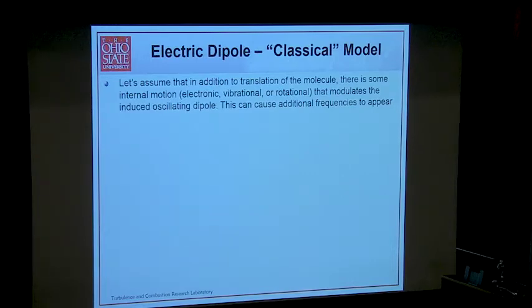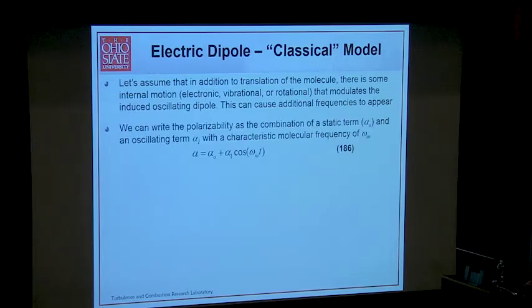Now whatever vibrational frequency the molecule moves at, we will add that on top of that induced dipole, and whatever the rotational frequency is, we can add that on top as well. So these cause different frequencies. Even in signal processing, if I have a certain frequency and I throw another frequency on top of it, I have a different frequency. And so these are different frequencies that are going to appear.